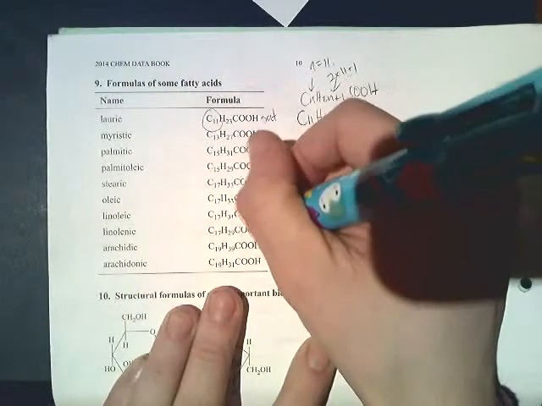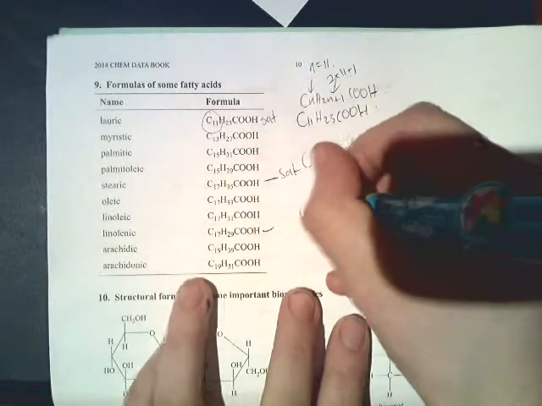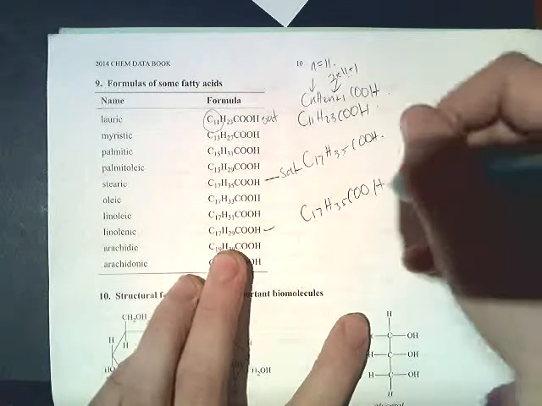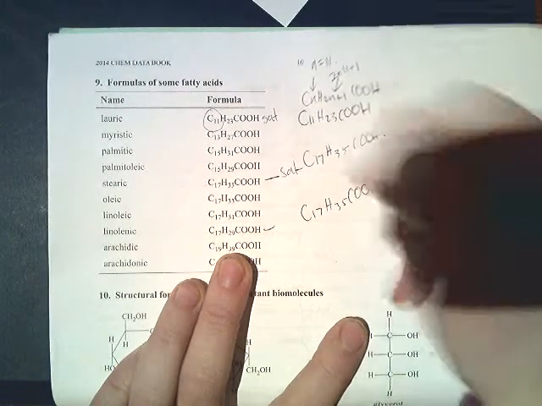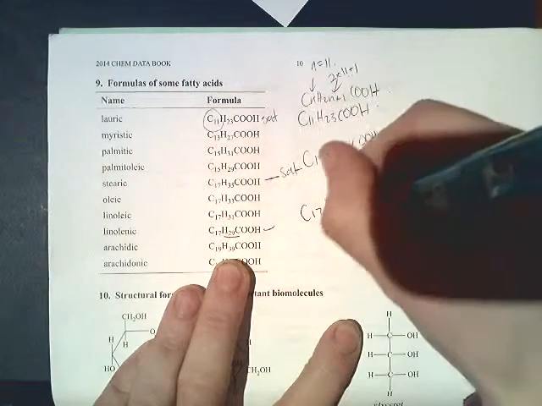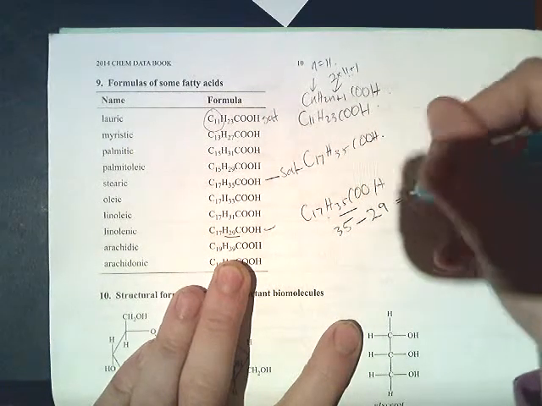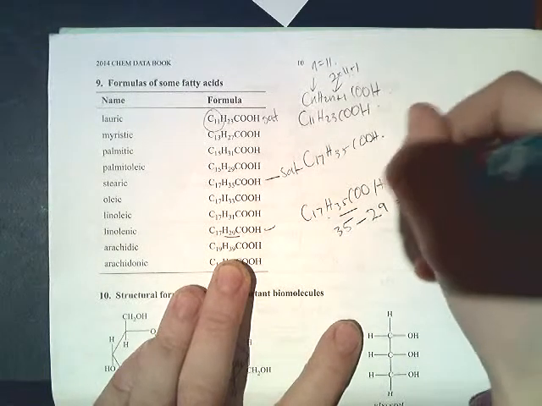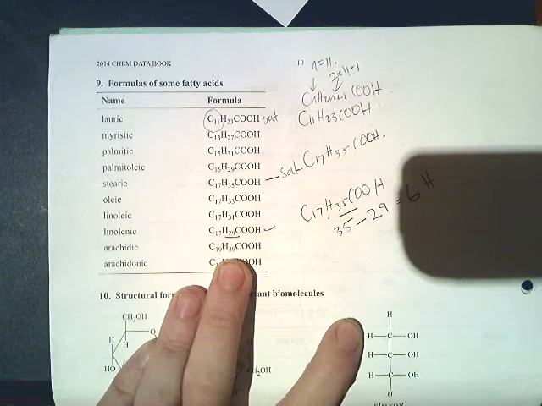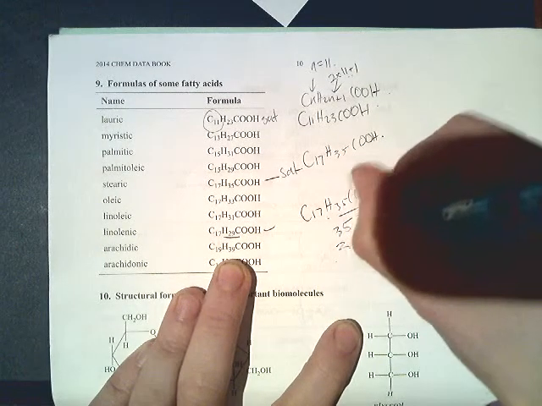Now let's have a look at linolenic acid. C17H29, COOH. Oops, it doesn't fit that formula. How many H's have we removed? From 35 to 29. 35 minus 29 is 6. Therefore, we've removed 6 H atoms. Now, if we remove 6 H atoms, we've added 3 double bonds.